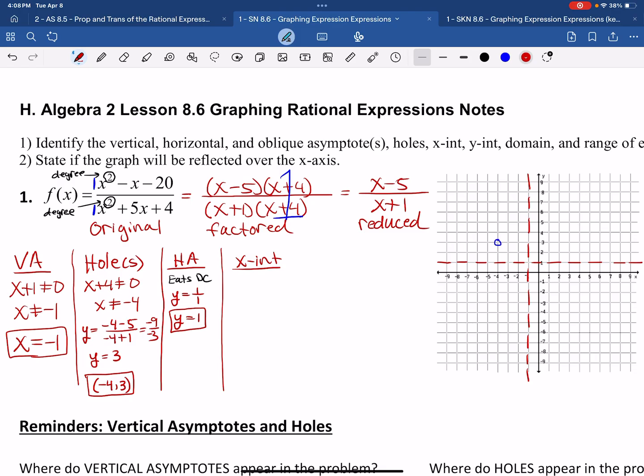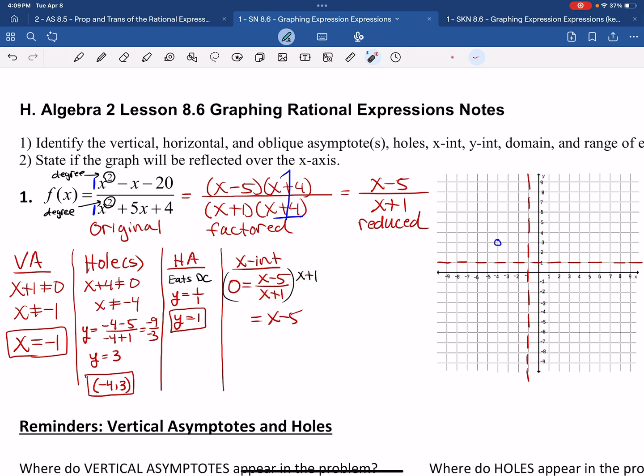So we need x and y coordinates for them. So let's go back here. I'm going to go to my reduced form, and I'm going to set y equal to 0, and I'm going to solve for x. To solve for x, I'm going to multiply both sides by x plus 1. When I multiply the right side times x plus 1, I'm going to get x minus 5 because these are going to cancel.